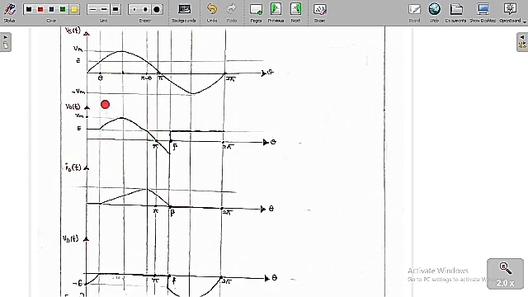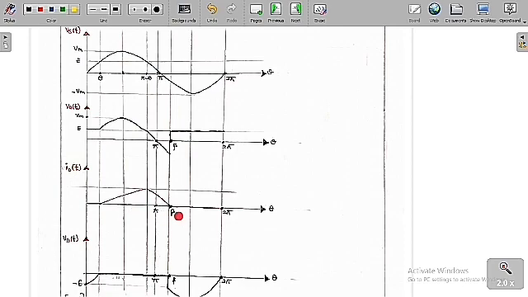But previously, the diode was conducting only from theta to pi minus theta. Now, because of the inductor, the current is going to increase, and finally it decreases and becomes 0 at the angle of beta. So from theta to beta the diode is going to conduct.